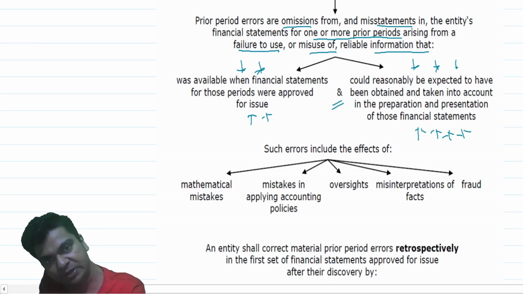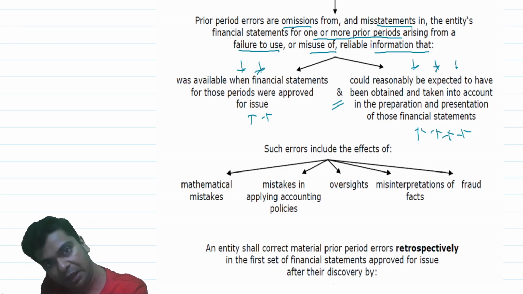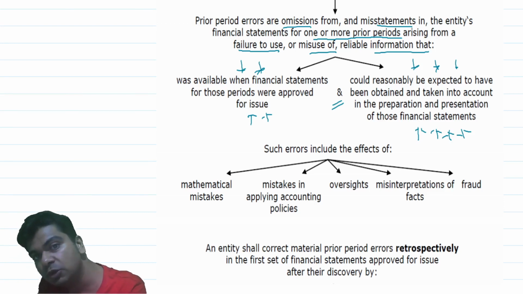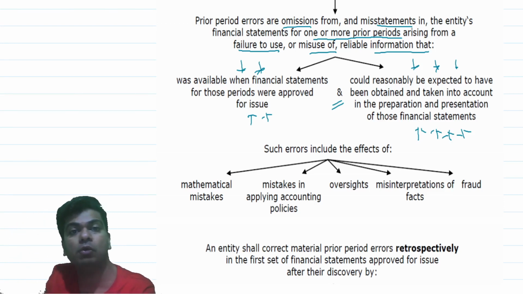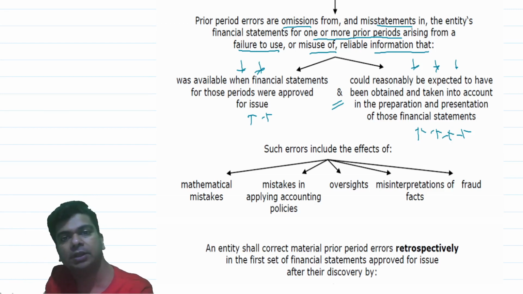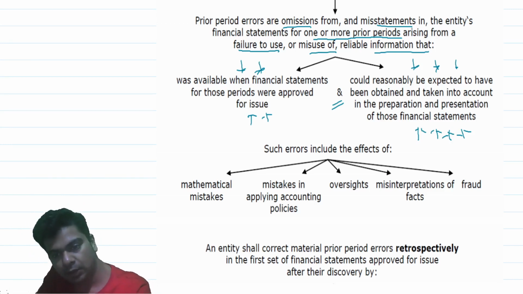Right? Information was available, but I failed to use that information, or information was available, but the information was misused. Misuse of information can also give rise to a fraud, and detection of fraud in the current year about a fraud taking place in the previous years will also be considered to be a prior period error.